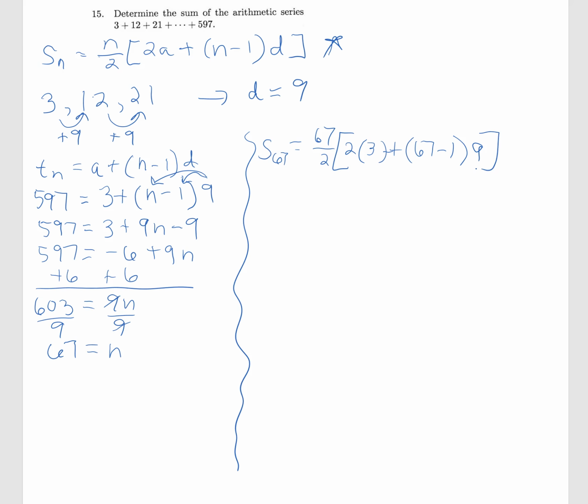All right, and now we just have to evaluate this out. So 67 divided by 2 is 33.5, and 2 times 3 is 6, plus 66 times 9.